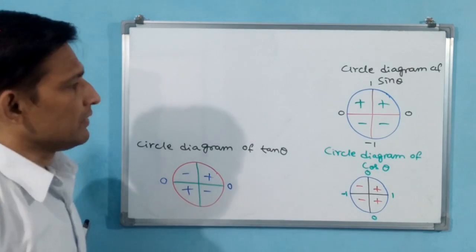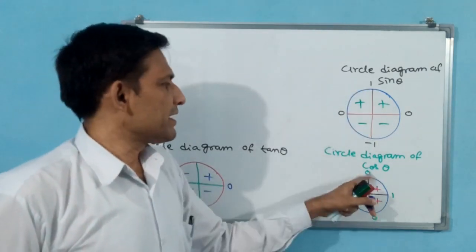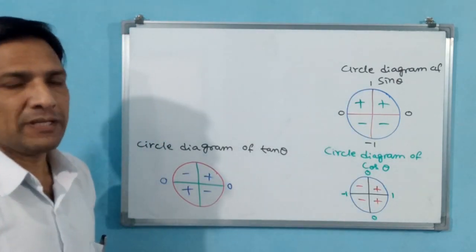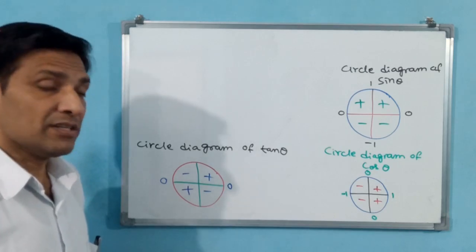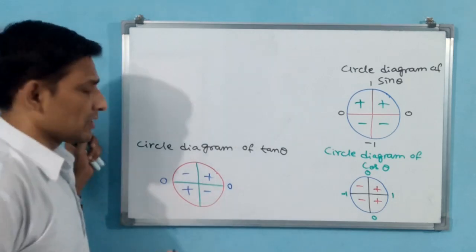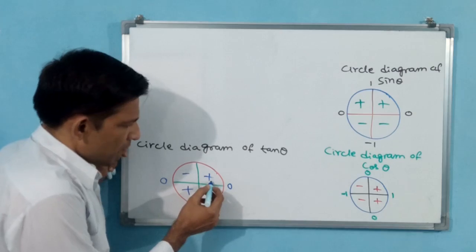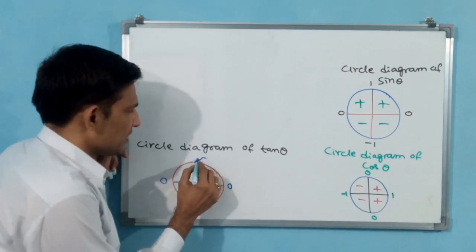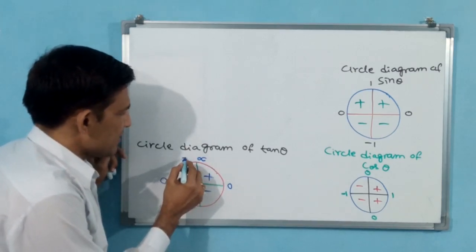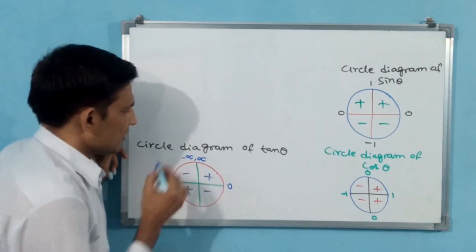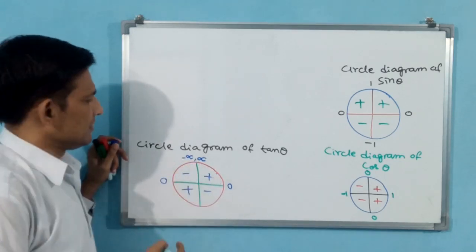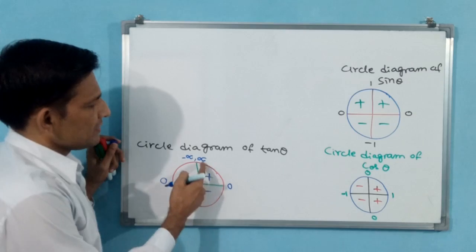Now observe carefully: 1 divided by 0 is infinity. But you have to write carefully. On the positive side, positive infinity; on the negative side, negative infinity. You put a comma: this side negative infinity, this side positive infinity.